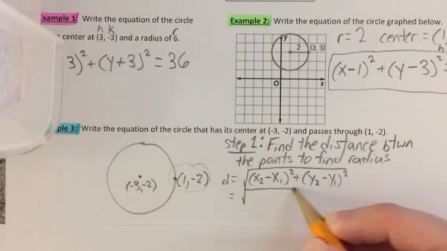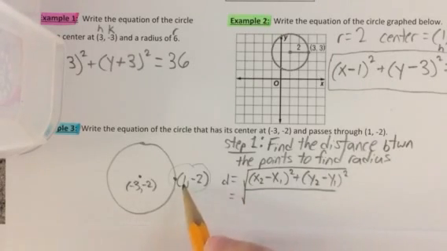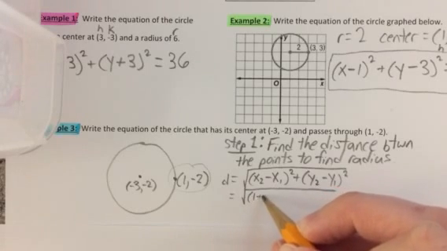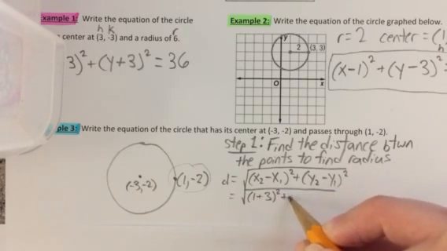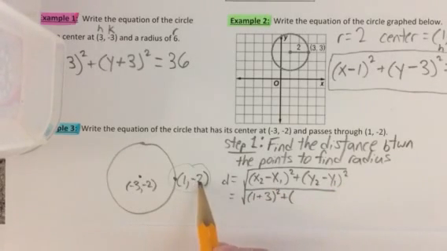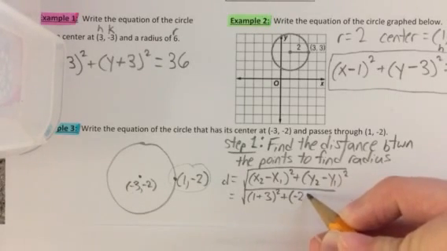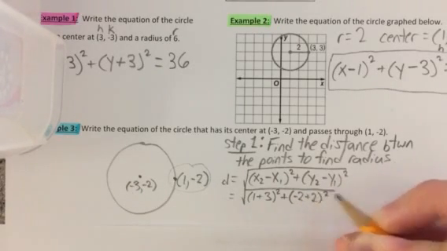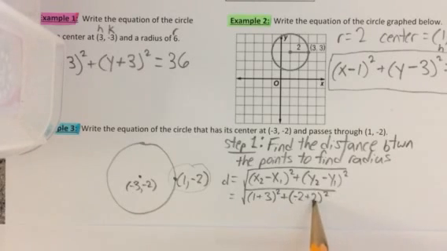So that's going to become 1 minus a negative 3, or 1 plus 3, squared, plus negative 2 minus a negative 2, or negative 2 plus 2, whole thing squared. Now, if you look at this, negative 2 plus 2 is 0, and then 0 squared is obviously 0.